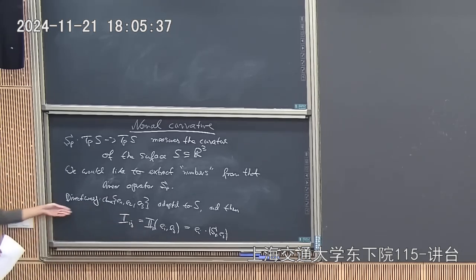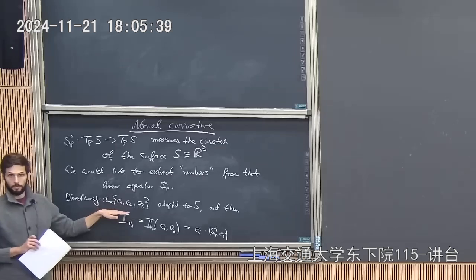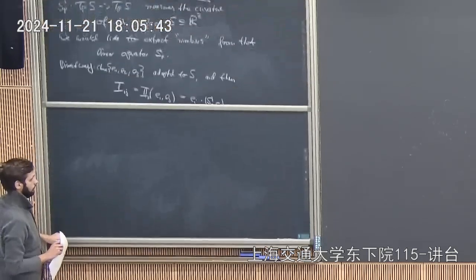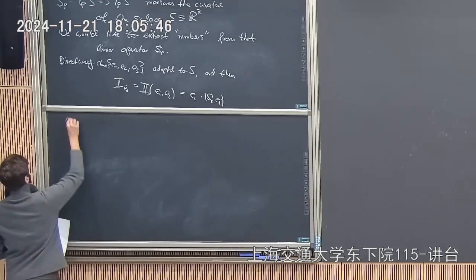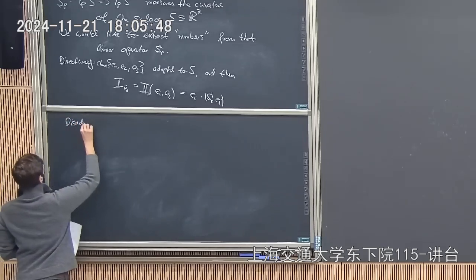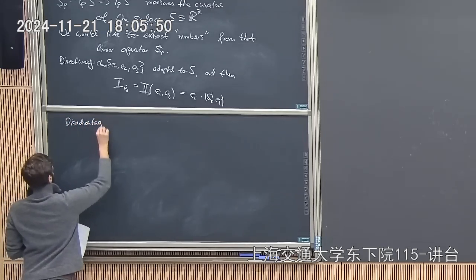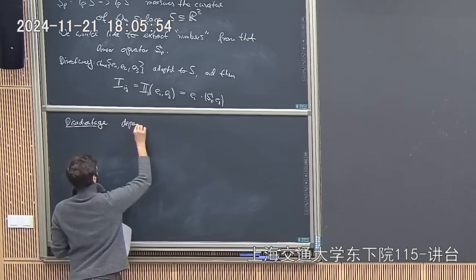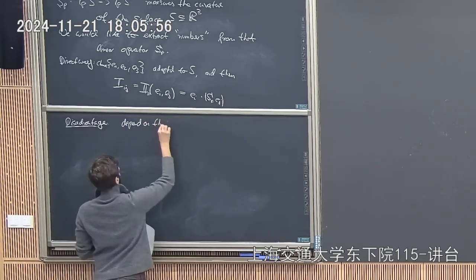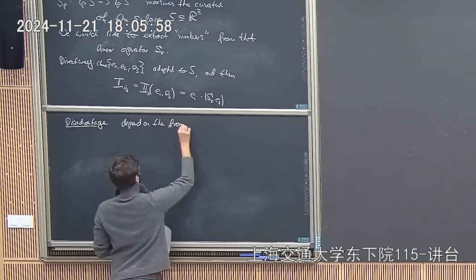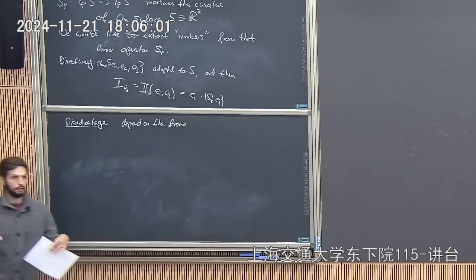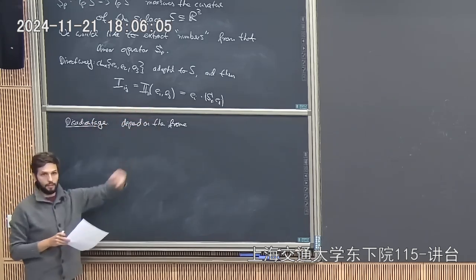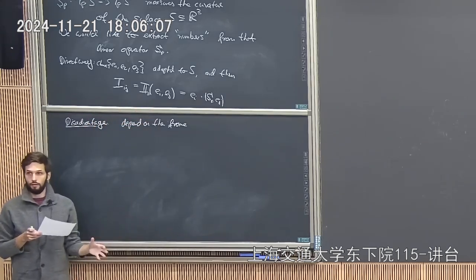The problem is that these numbers depend on the frame that I choose. So that's the disadvantage. If I choose a different frame and I calculate these numbers in a different frame, then I get something that is completely different.